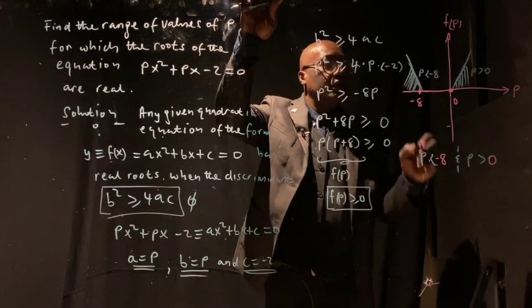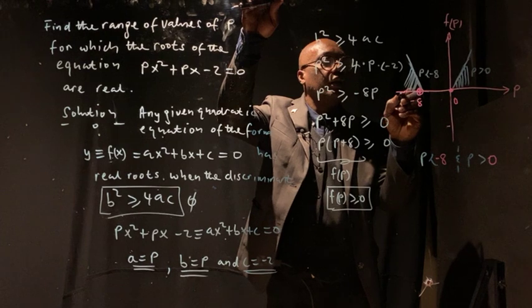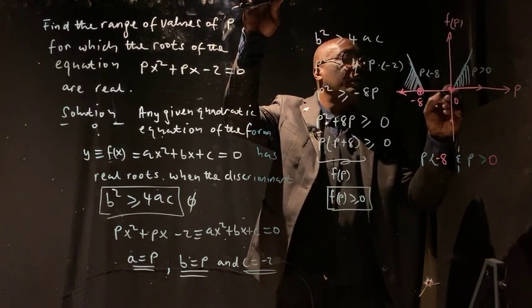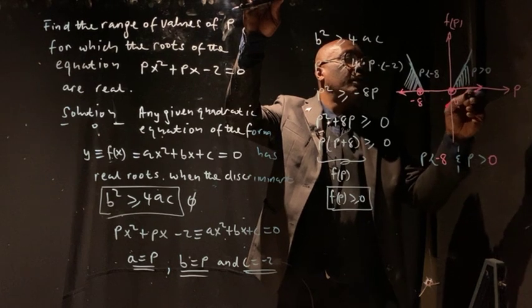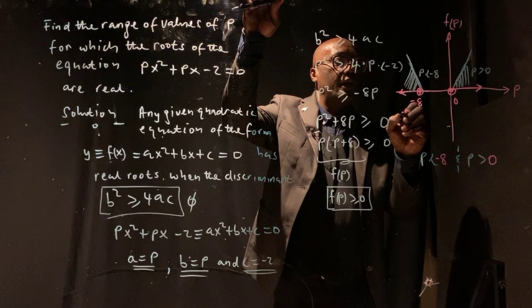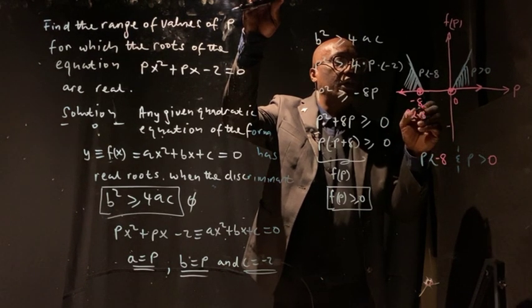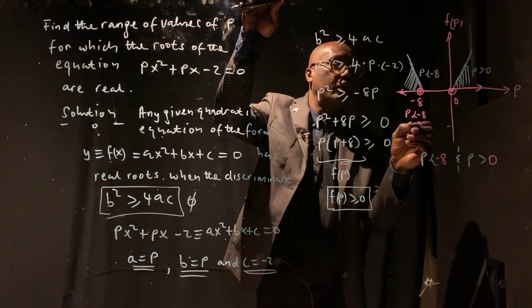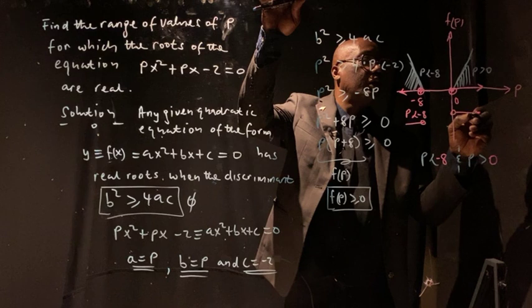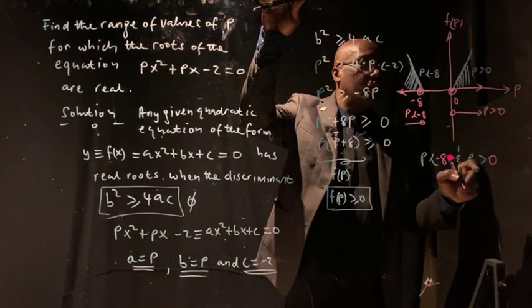In some cases, you can say that it is going this way and this one is going this way. Here, in this region, is p less than minus 8, from this region going. And from this region going, p is greater than 0.